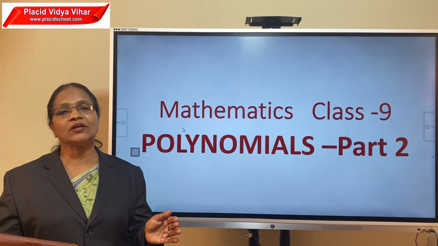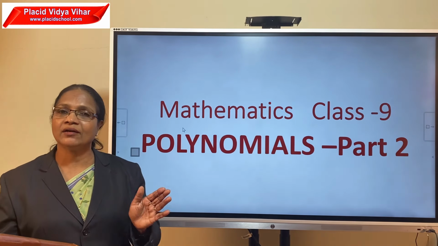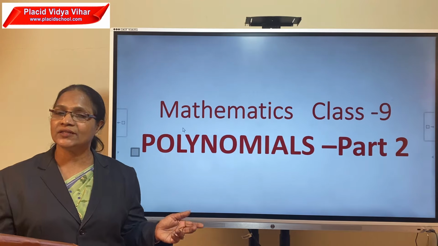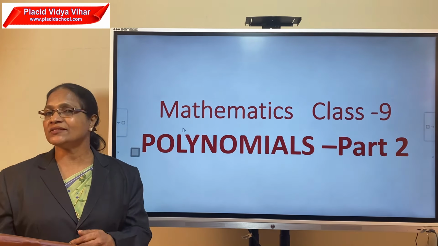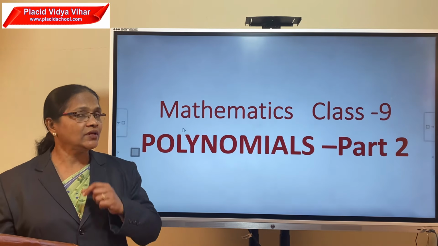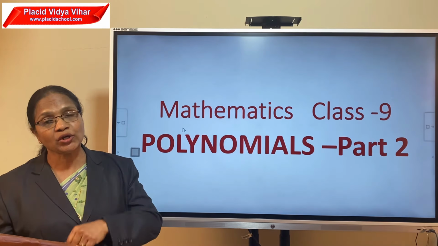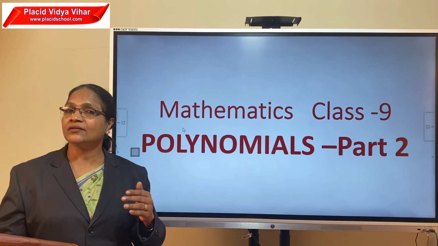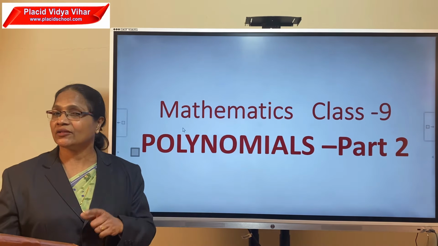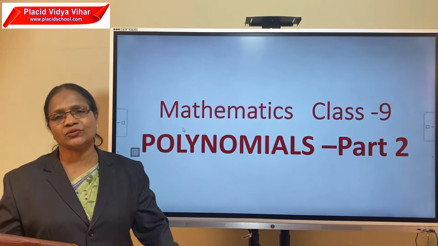If all the coefficients present in a polynomial are real numbers, we can call it a polynomial over real numbers. If all the coefficients are natural numbers, we can call it a polynomial over natural numbers.